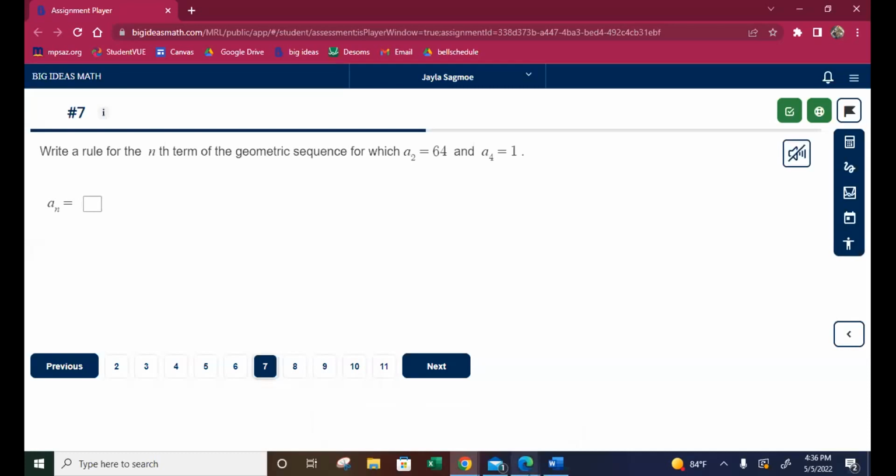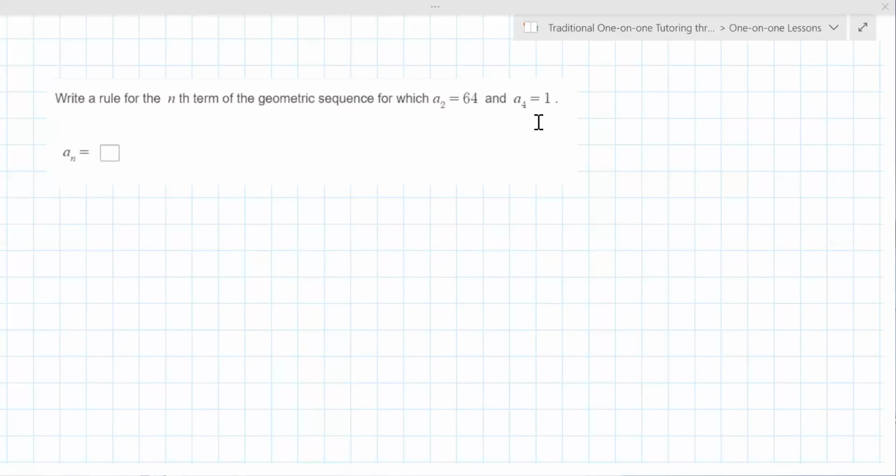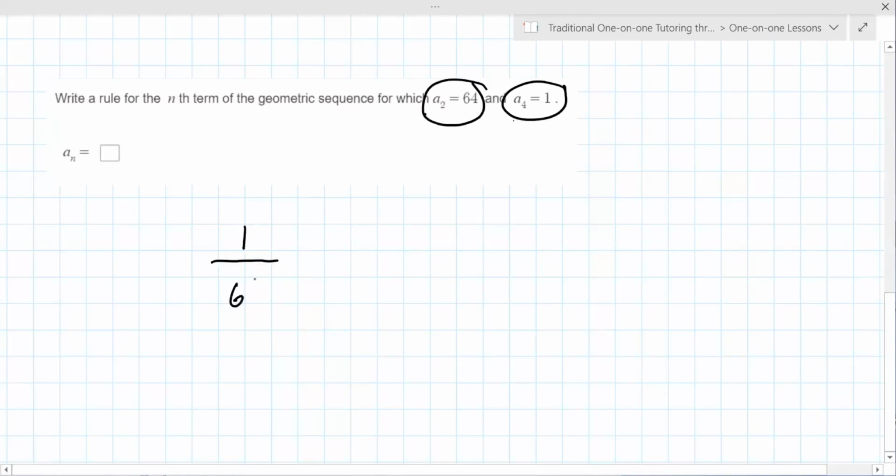Unfortunately, this is exactly the same as the previous one. So let me grab it and try to again make it as simple as possible. What I think is problematic also is that it's the second set of numbers that you deal with first. So this time it's 1 divided by 64 equals R to the 4 minus 2.